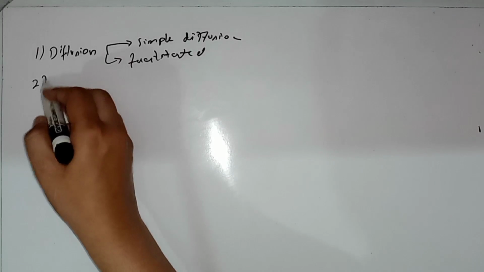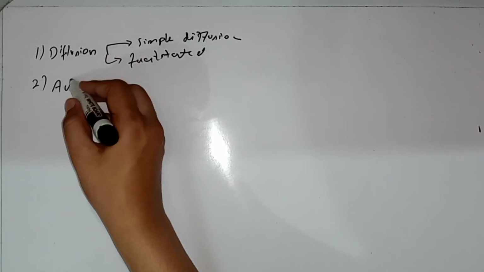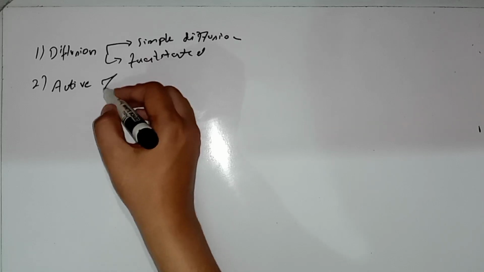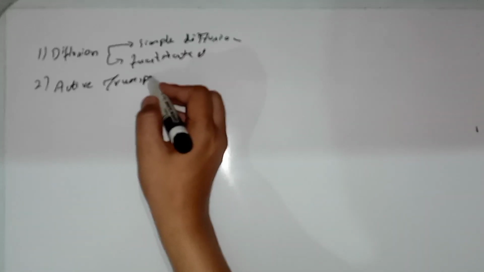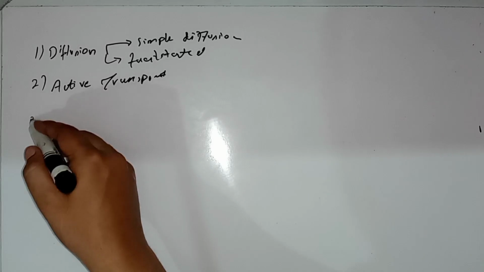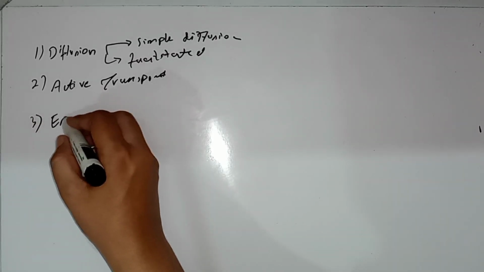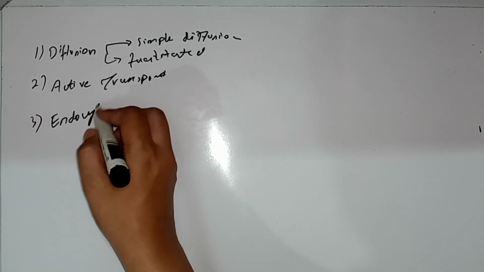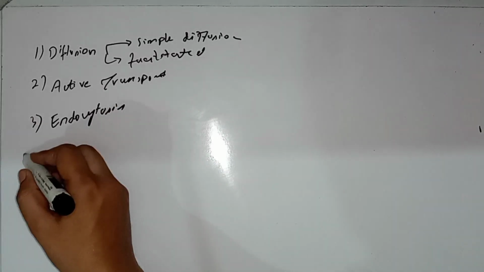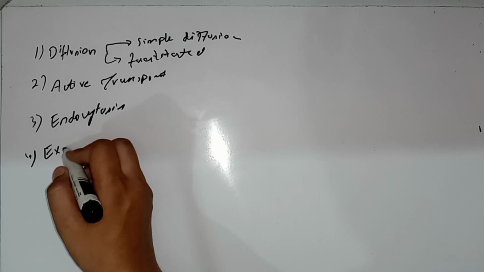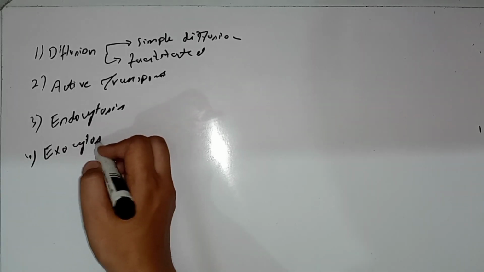Another is active transport, the third is endocytosis, and the fourth is exocytosis. So we will discuss them one by one.